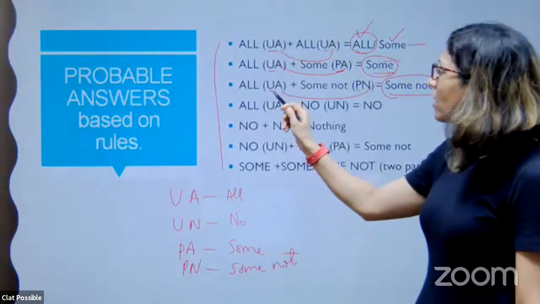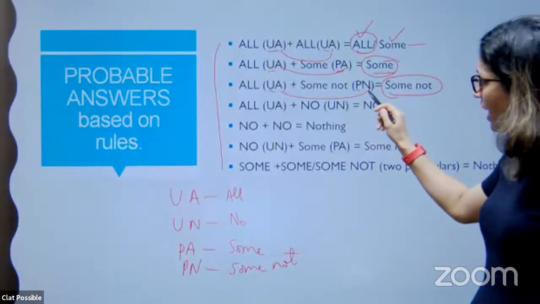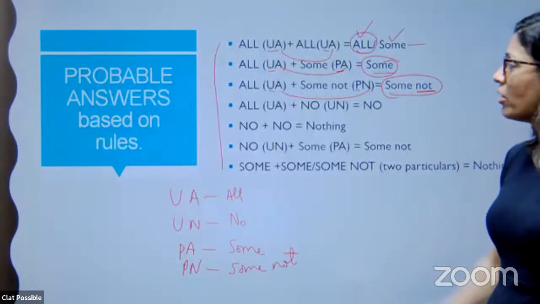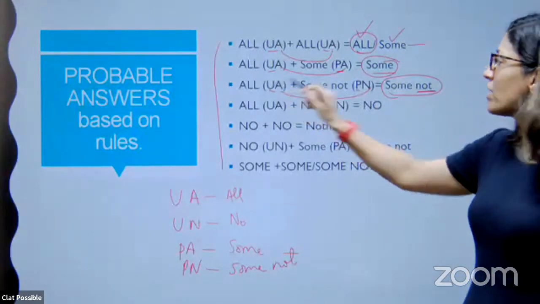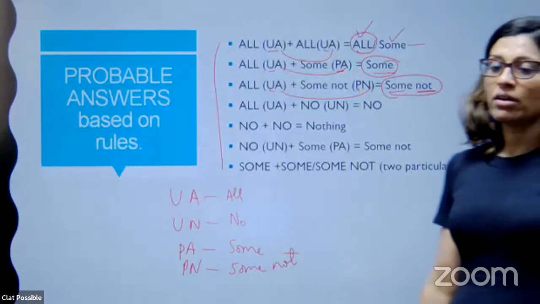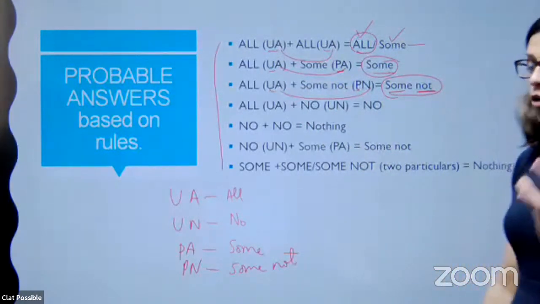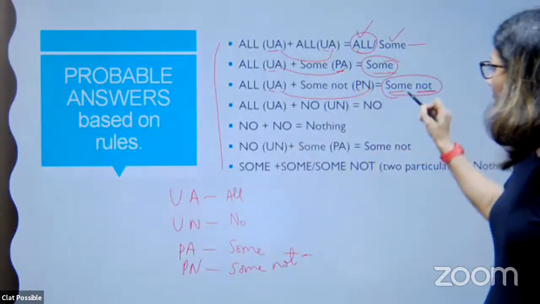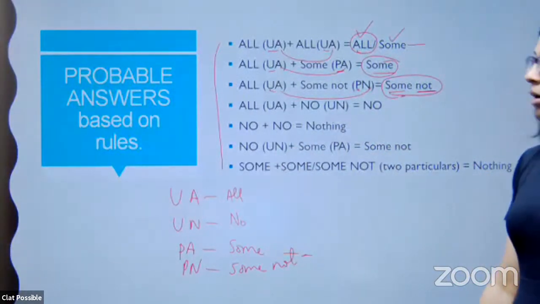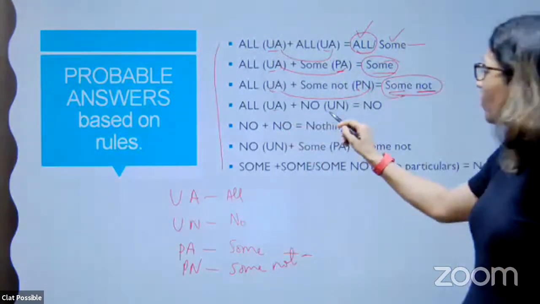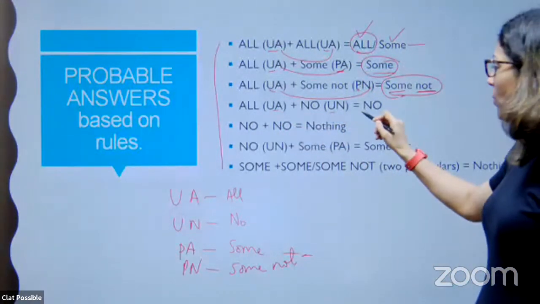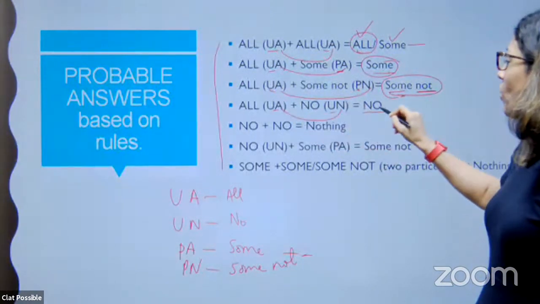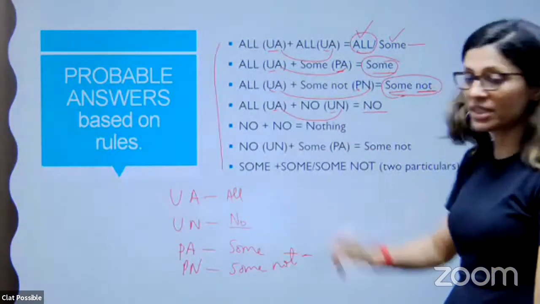When we combine an affirmative with a negative, then the answer will always have a negative. And when you combine universal with particular, there will be only a particular output. So based on the combinations, this is the answer we are going to get here. And again, when we combine two universals, we will get a universal answer. But in this case, again, a plus n will give us universal negative. Therefore, this is the answer.